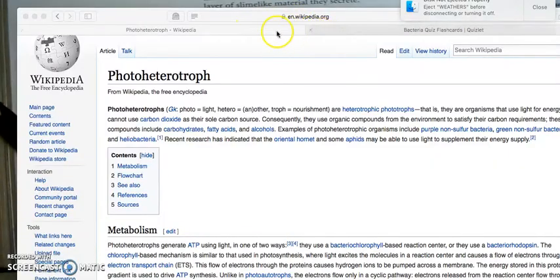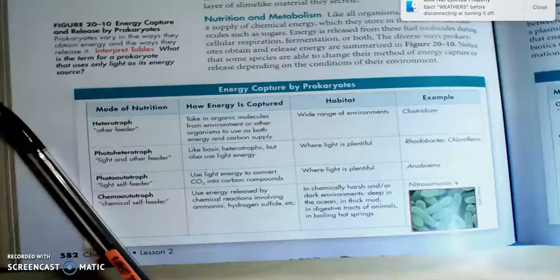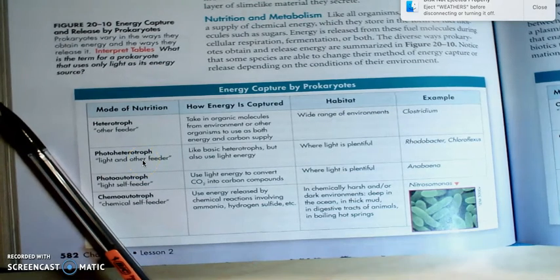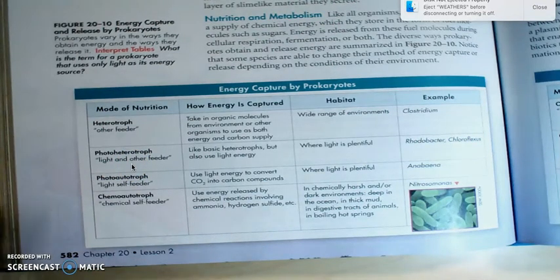Okay, so let's go back to the chart. Photoheterotrophs, they can use light to make their ATP, but they have to use other sources to obtain their carbon. They are unlike photoautotrophs.